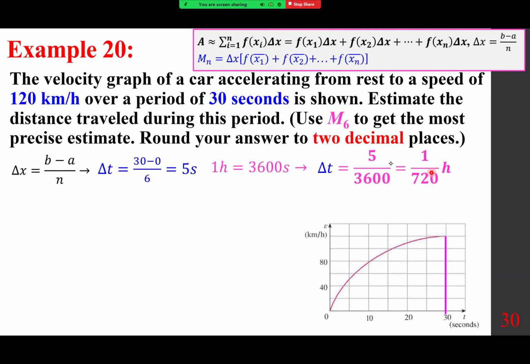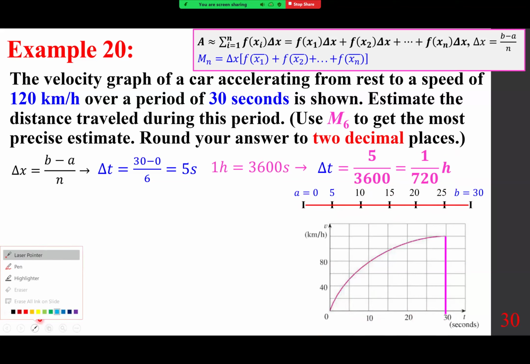So again, why did we do that? Units must agree. So we are going from a equals 0 to b equals 30, in steps of 5 seconds. So 5, 10, 15, 20, 25, 30 seconds. And each distance of 5 seconds corresponds to this many hours. So this is the delta x, everybody.